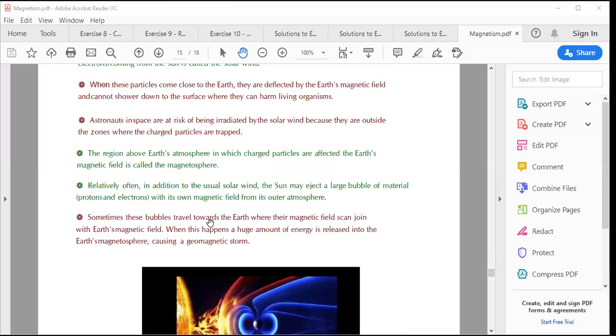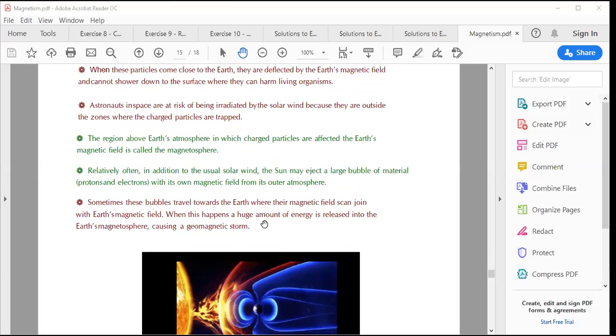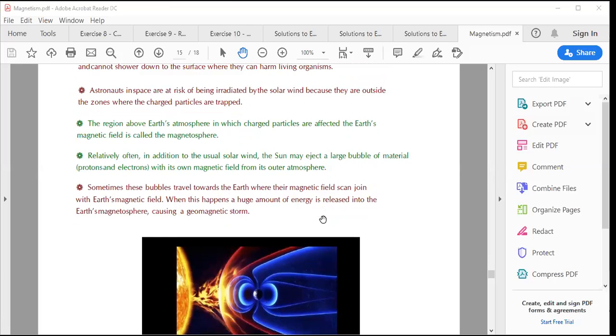Sometimes these bubbles travel towards the Earth where their magnetic fields can join with the Earth's magnetic field. When this happens, there's a huge amount of energy released into the Earth's magnetosphere, causing what we call a geomagnetic storm.